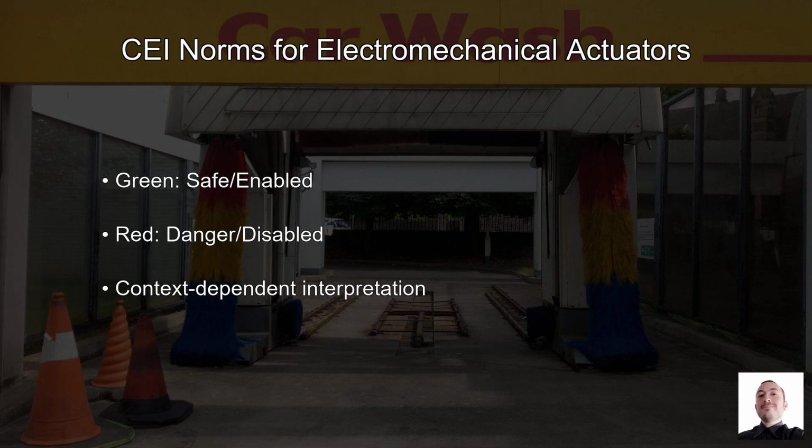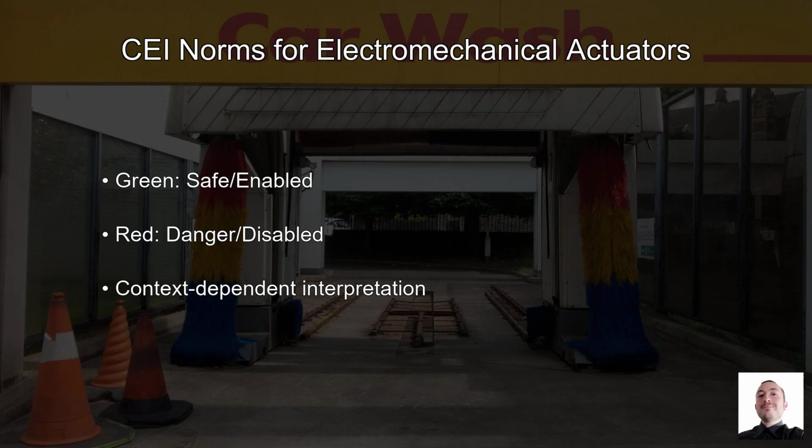The CEI, or Comitato Elettrotecnico Italiano, has established specific norms for the color coding of electromechanical actuators. These norms are crucial for ensuring consistency and safety across various industrial applications. For instance, green typically signifies a safe or enabled state, while red indicates danger or a disabled state.